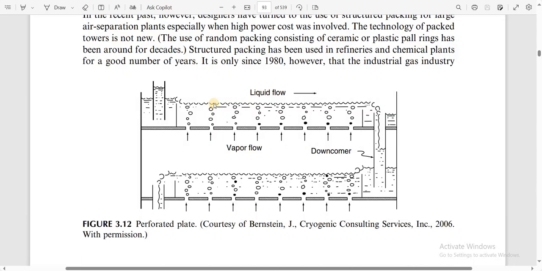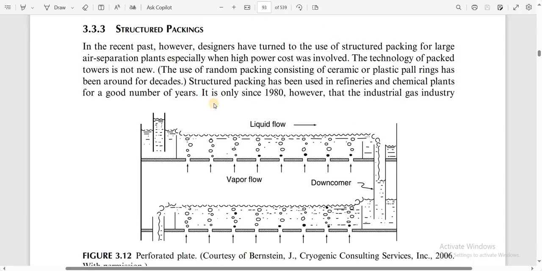Structured packing. In the recent past, however, designers have turned to the use of structured packing for large air separation plants, especially where higher power cost was involved. The technology of packed towers is not new. The use of random packing consisting of ceramic or plastic ball rings has been around for decades.